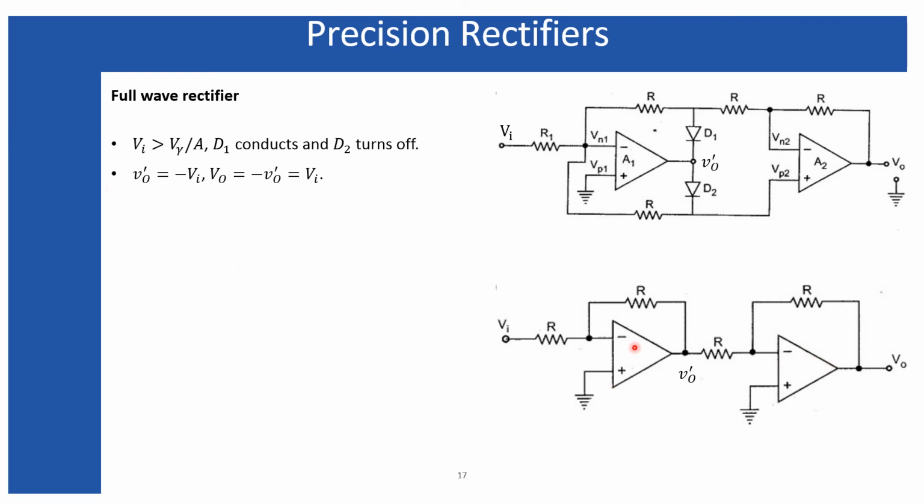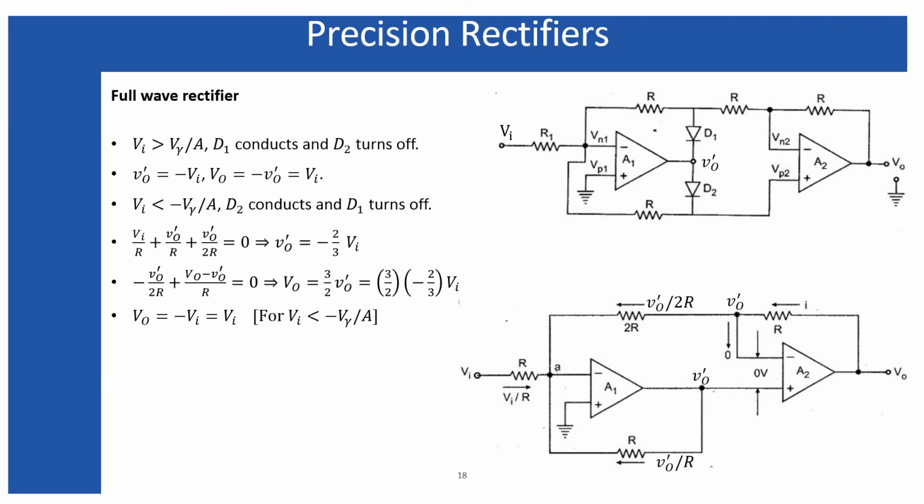So the V naught dash will be minus Vi, because the output will be R2 by R1, since R2 and R1 both are equal. So V naught dash will be equal to minus Vi, and due to presence of the another inverting configuration, the final output will be Vi. This is for positive half cycle when Vi becomes greater than V gamma divided by A.